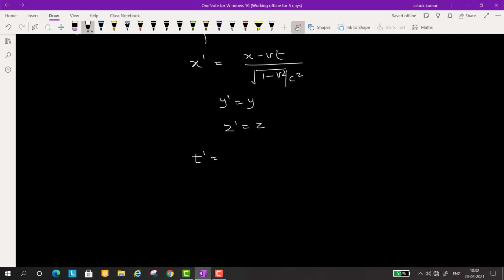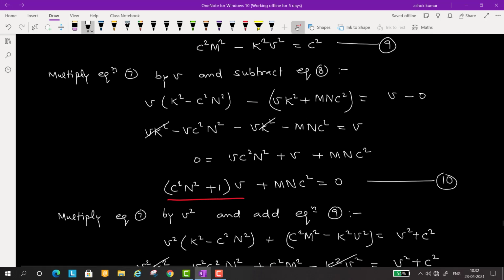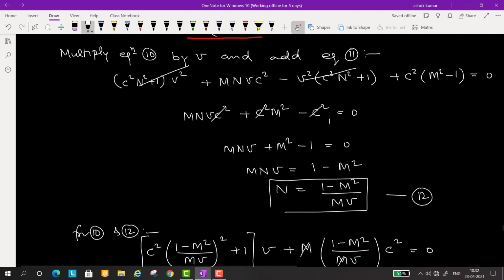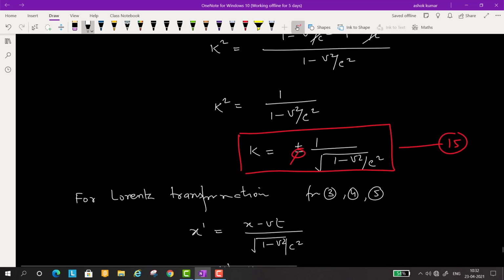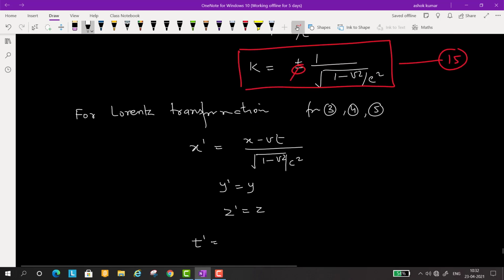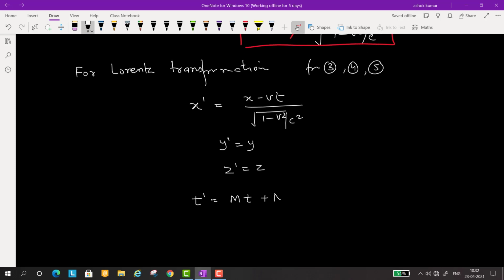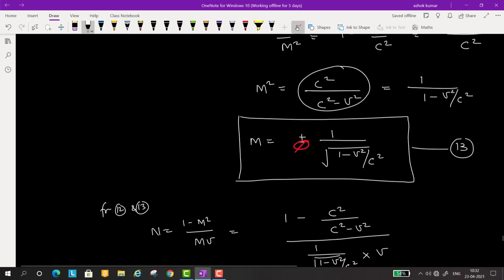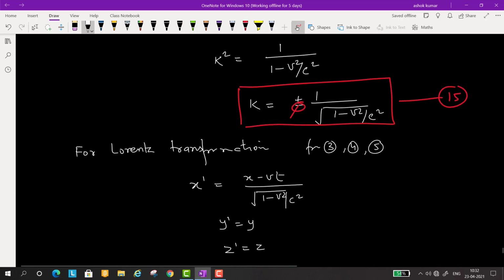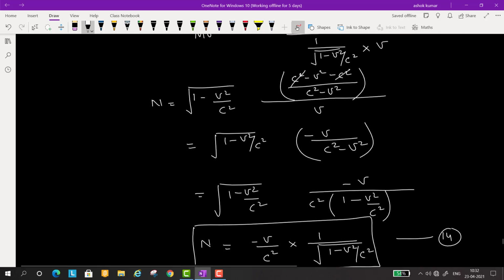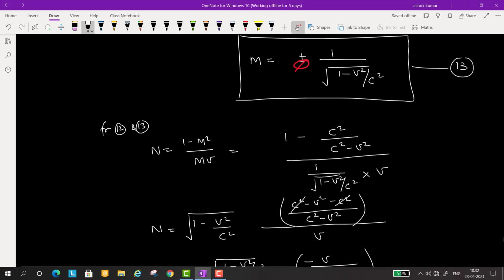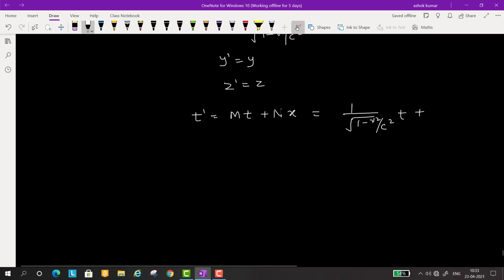Fourth equation is t dash. So t dash we supposed equal to mt plus nx. Value of m is 1 over the square root of 1 minus v square upon c square, and n is minus v upon c square, divided by the square root of 1 minus v square upon c square, into x.